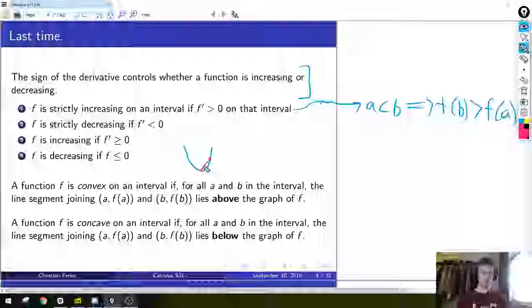So this upward opening parabola is indeed convex, because if I draw this line segment between two points on the graph, the line segment is everywhere above the graph. Great. Same thing, reversed, for concave or concave down: if I pick two points on the graph and join them, then this line is going to lie below the graph of f. So this is the geometrical intuition for convexity and concavity that we saw last time.